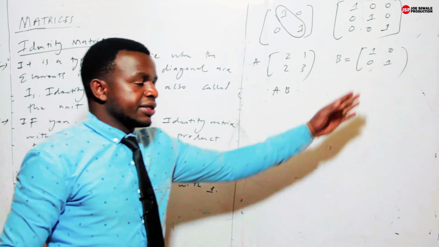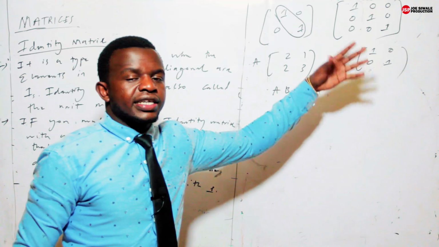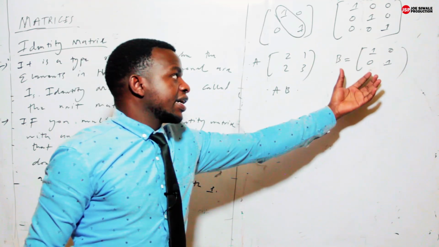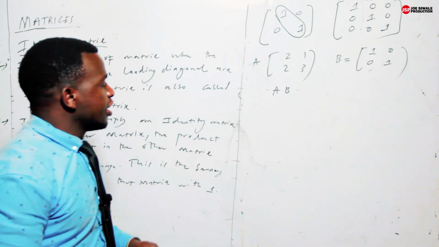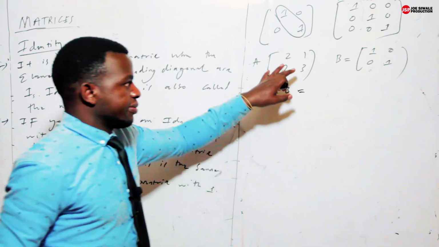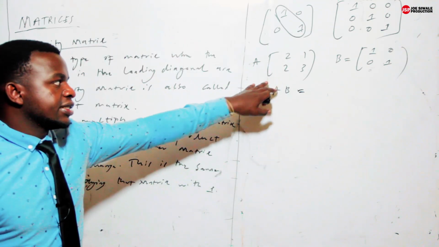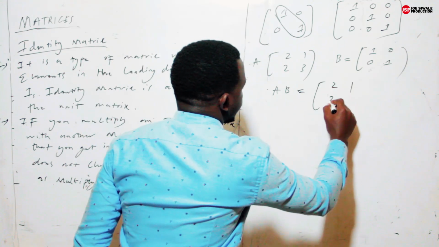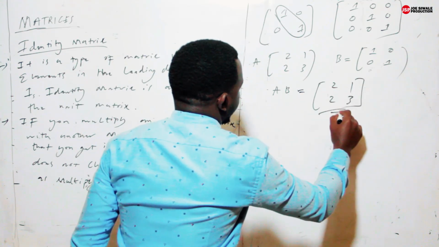If you can identify that matrix B represents an identity matrix, and this identity matrix can be represented as just 1, if you do your multiplication, matrix A is going to be unchanged. So our product is going to be 2, 1, 2, 3. So that's going to be our answer.